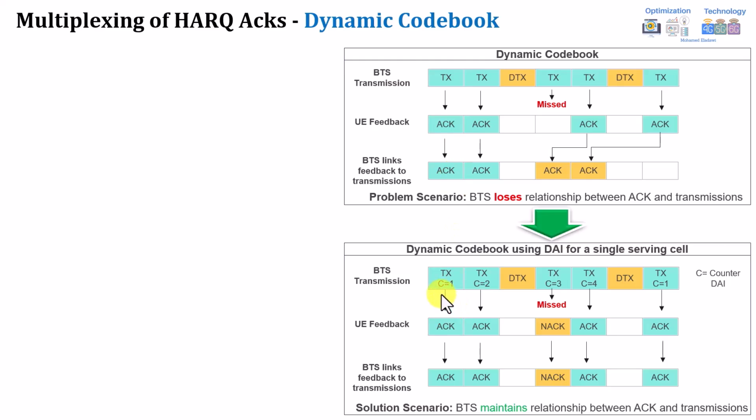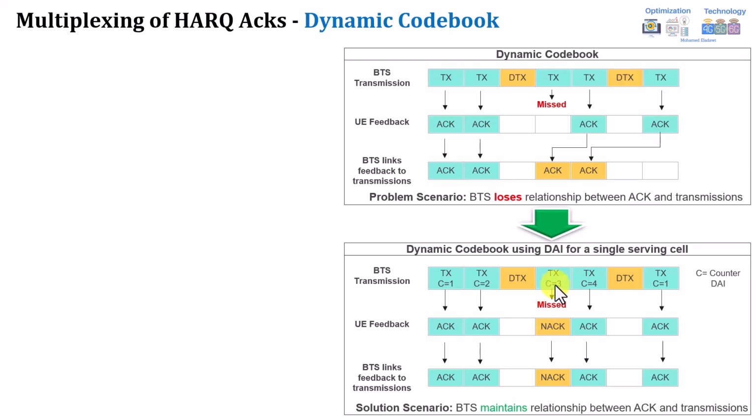For example, here you can see something added called cDAI, counter DAI. This is telling him C1 TX, this is for C1, which means this is the first transmission. Then again an acknowledgement, he will know this one is for C1, so he will be able to send the feedback as an acknowledgement for C1. Then C2, then DTX here.